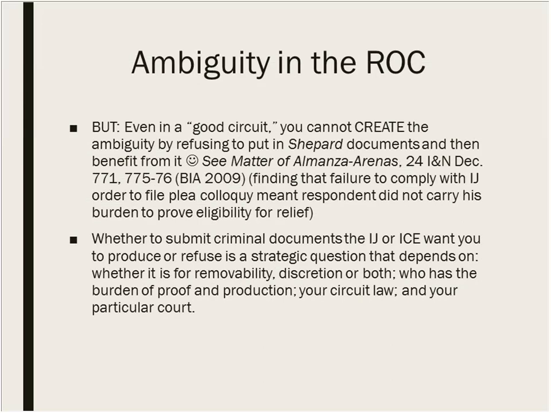And as I alluded to, whenever you're submitting any criminal documents to the IJ, that's a decision you want to think through really carefully, because it has implications at a whole bunch of levels. You might be submitting documents at bond that could affect removability arguments, so think carefully about what you do.